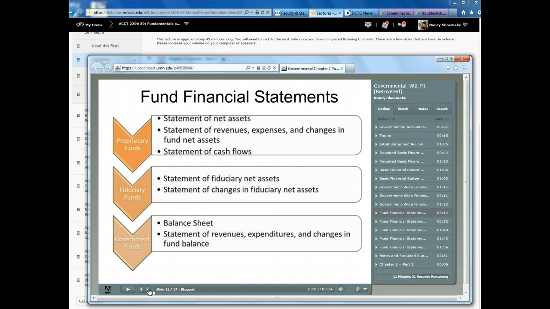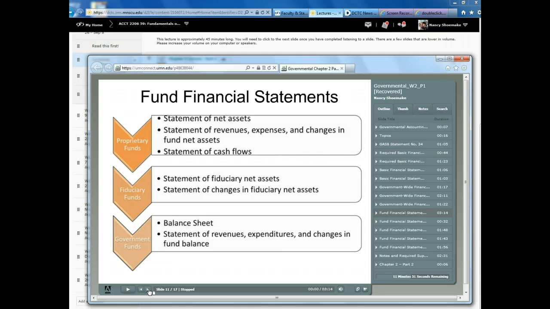But in our fund financial statements, in our governmental funds, down there at the bottom here, we're going to have a balance sheet, and we're going to have something called the statement of revenues, expenditures, and changes in fund balance. Remember those proprietary funds I was telling you about?